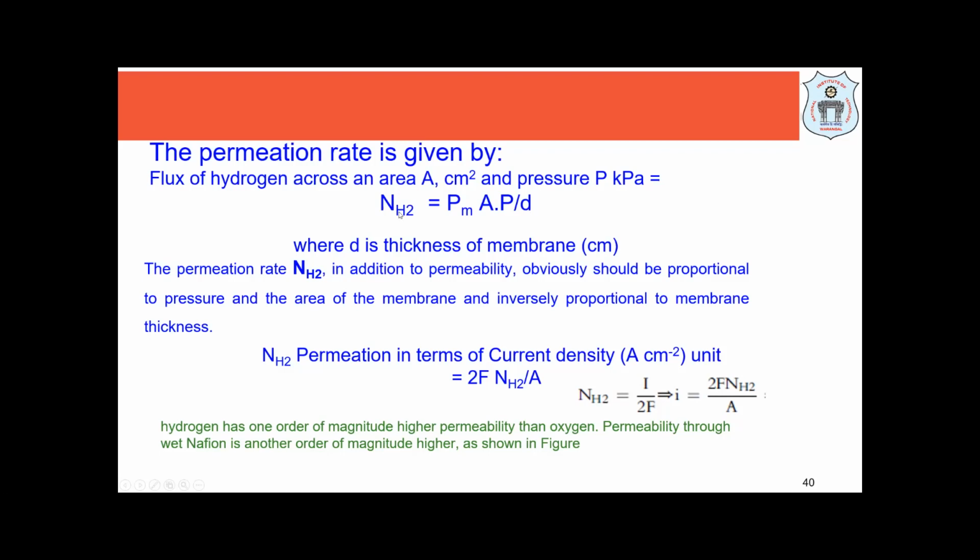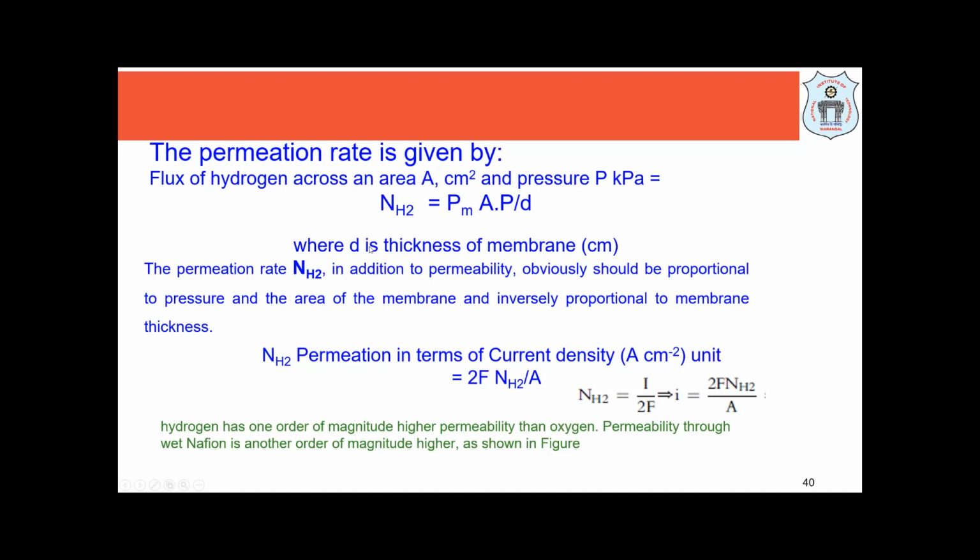Okay, so the permeation rate N_H2, in addition to the permeability, should be proportional to the pressure and the area of the membrane, and inversely proportional to the thickness of the membrane. That's what we see from this equation. Okay. So this equation we should know. Permeability is a product of diffusivity into solubility, and further if you multiply by area, pressure and divide by thickness, you get the permeation rate.